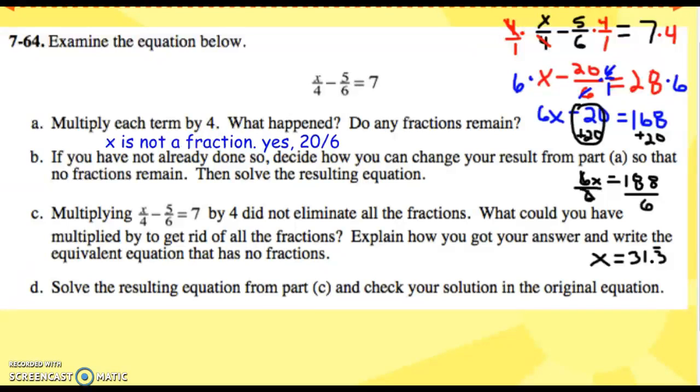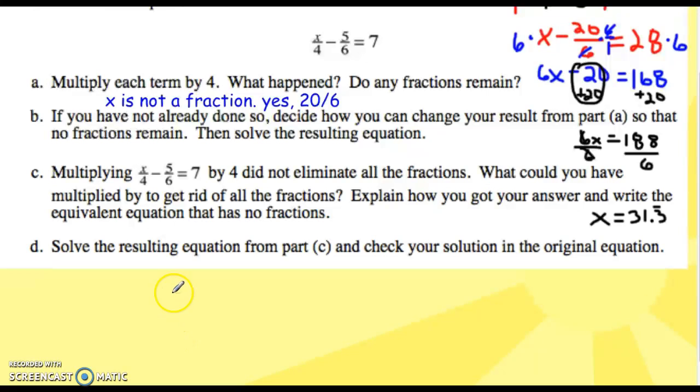So when I think about this one, I see that I multiplied by 4 to start, and then I multiplied by 6, and instead of multiplying by them separately, I can multiply by them at the same time. I could do 4 times 6 is 24, and then both of those would get rid of my two fractions because it's the same as multiplying by 4 and multiplying by 6. So I'm going to multiply 4 times 6 is 24, and that should get rid of both.